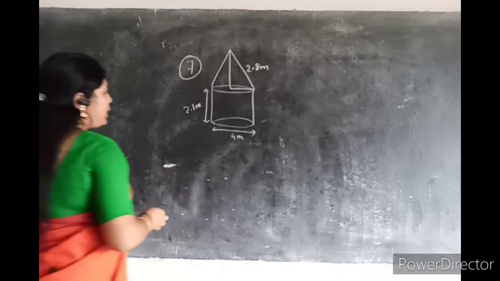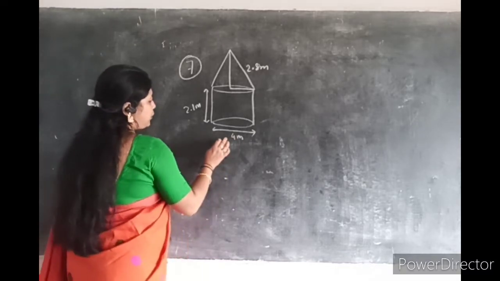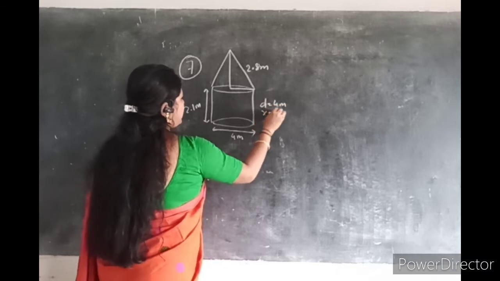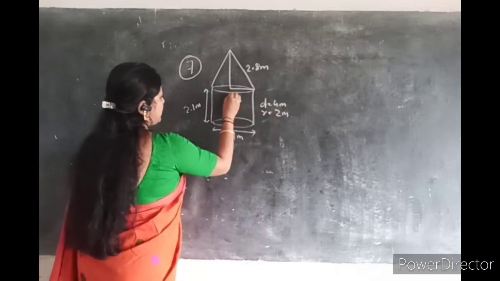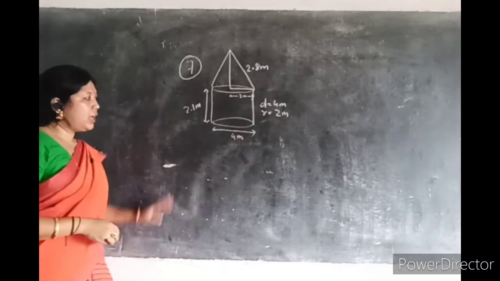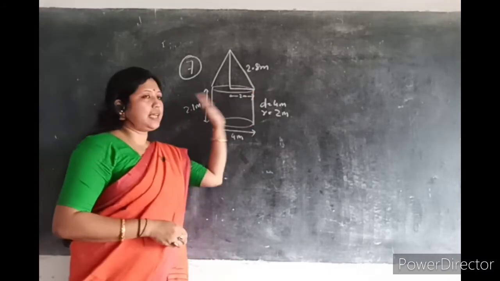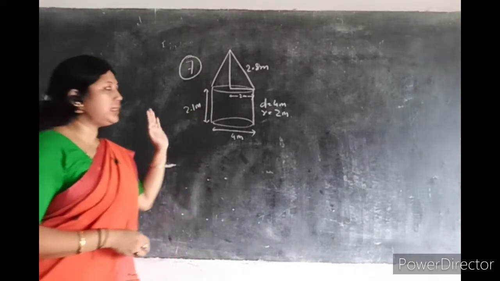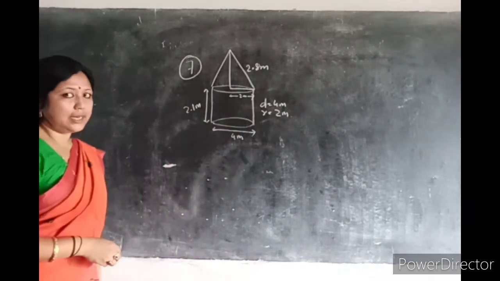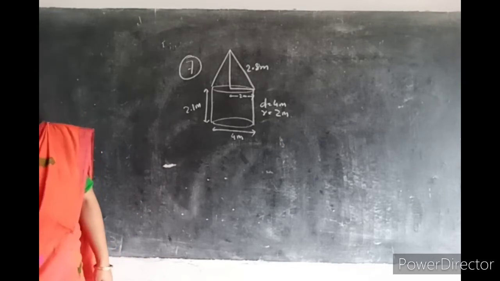So here your diameter is 4 meter, that means radius will be 2 meter. That means from this to this it will be how much? 2 meter. Okay, so here you have to cover this tent, so you have to calculate what? The outer surface, because you have to cover the outer part of this tent, right? So what is asked here?